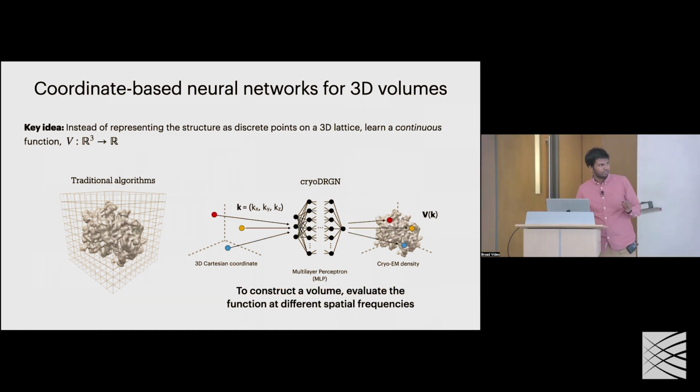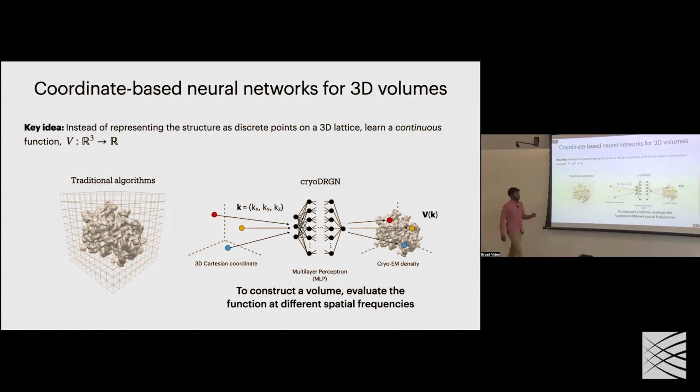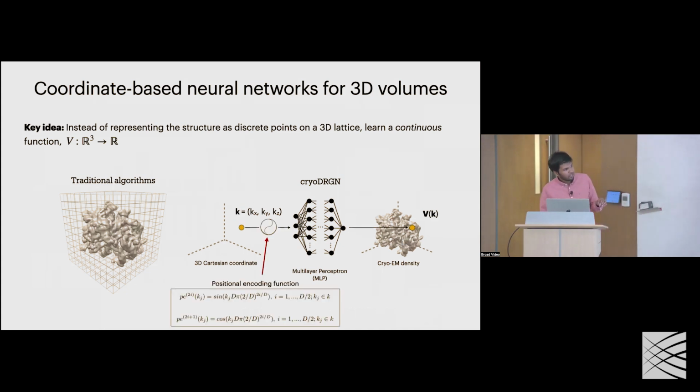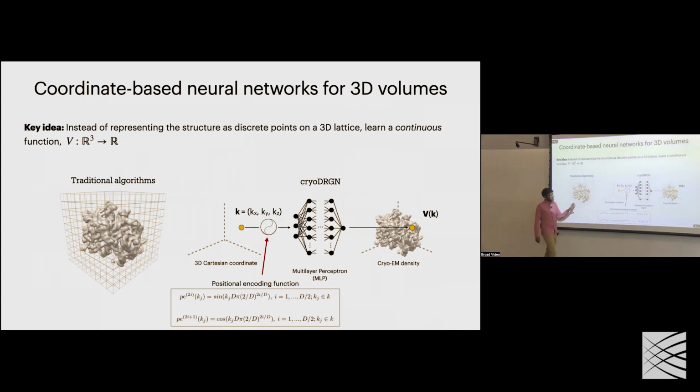In particular, instead of explicitly representing every voxel, in order to build up a volume, we take this function and evaluate it at a bunch of 3D coordinates, to rasterize, voxel by voxel, and build up this volume. You might wonder, are both of these equivalent in terms of accuracy?